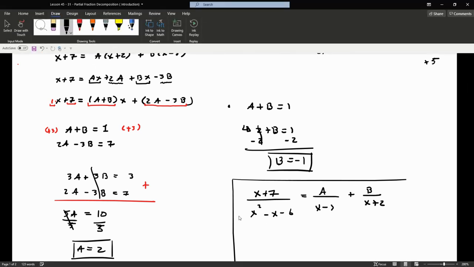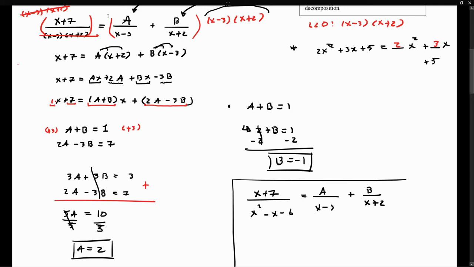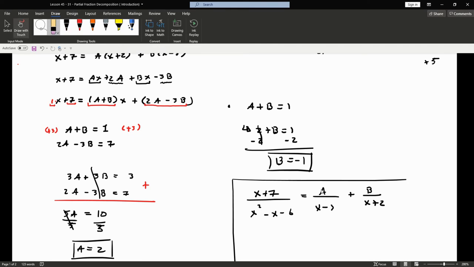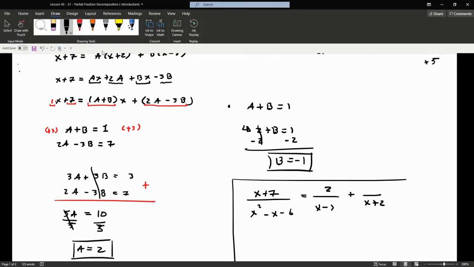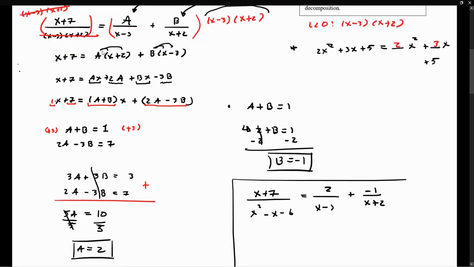Remember that this is the setup that we had here. But we already know what a is, and we already know what b is, so let's just plug that in. A has a value of 2. So let me just erase that a and substitute it with the 2. And the same goes for b. Let me erase the b, since I already know what the value is. So now that becomes -1.